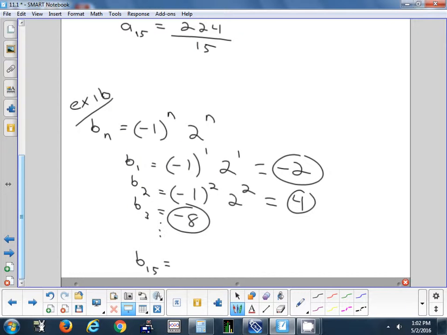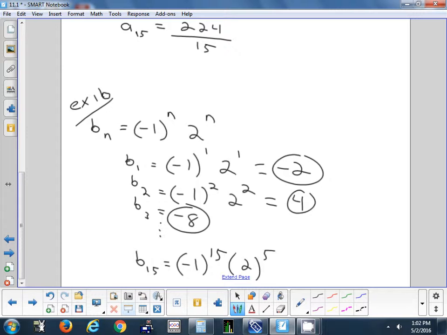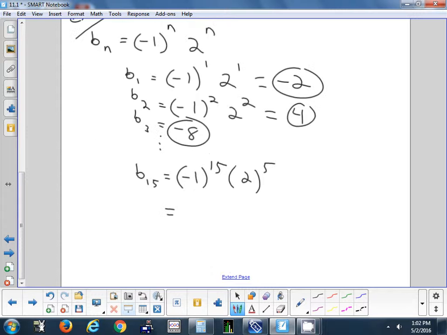And b to the 15th, you could do the pattern out or just plug in the 15 for n. What's negative 1 to the 15th? Negative what? Negative 1. Yep. And then 2 to the 15th, that's 32,768.